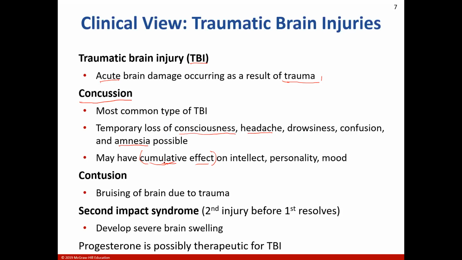So the cumulative effect is if you have one concussion and then three weeks later you get another one, that just multiplies the effect. So if you're a soccer player and you bump heads with somebody and have a concussion, you're not back on the field for at least two weeks, until some of the impact testing results get better.